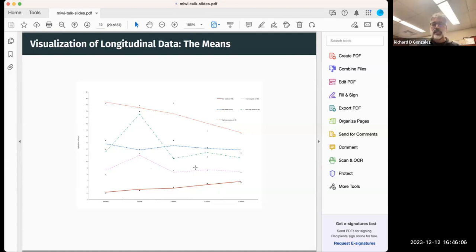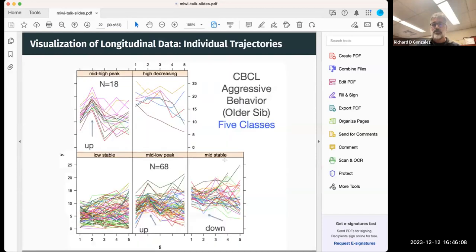So how do we get that? Well, first of all, those were means, and the means don't represent the variability in the data. So those 5 profiles of children actually have a lot of variability. The 18 in that greenish group I showed you, they all seem to have that spike at 1 month, but they all vary in the nature of that spike and where they start and where they end.